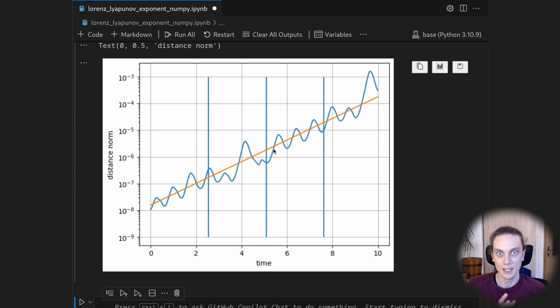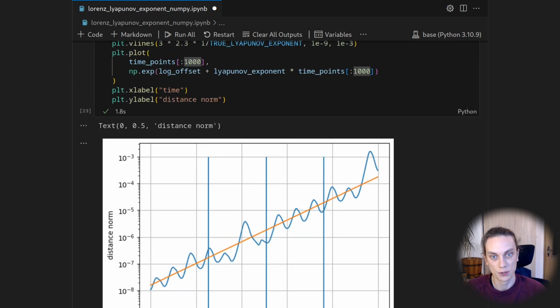So as I said, each 2.3 Lyapunov times we lose an order of magnitude in the precision, or basically the distance grows by 1 order of magnitude. And that concludes the video. So this is one way to compute the Lyapunov exponent via this perturbation method.